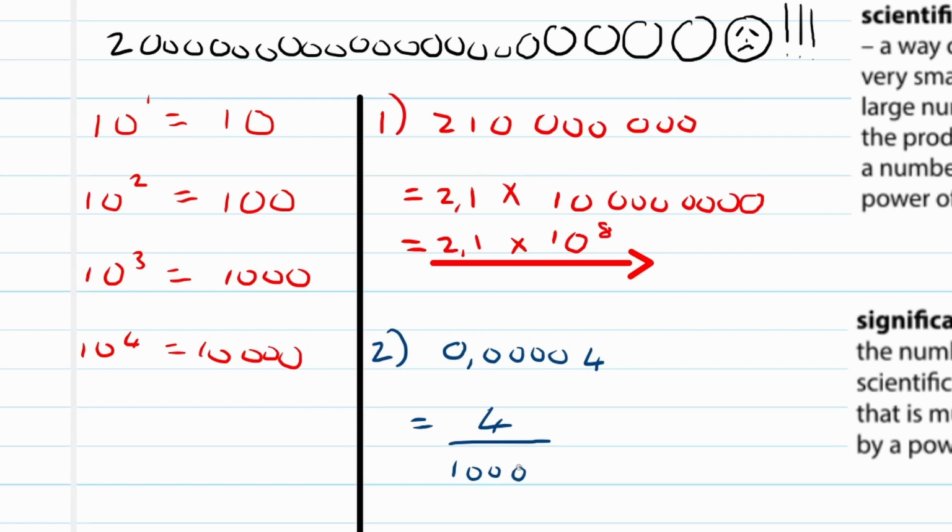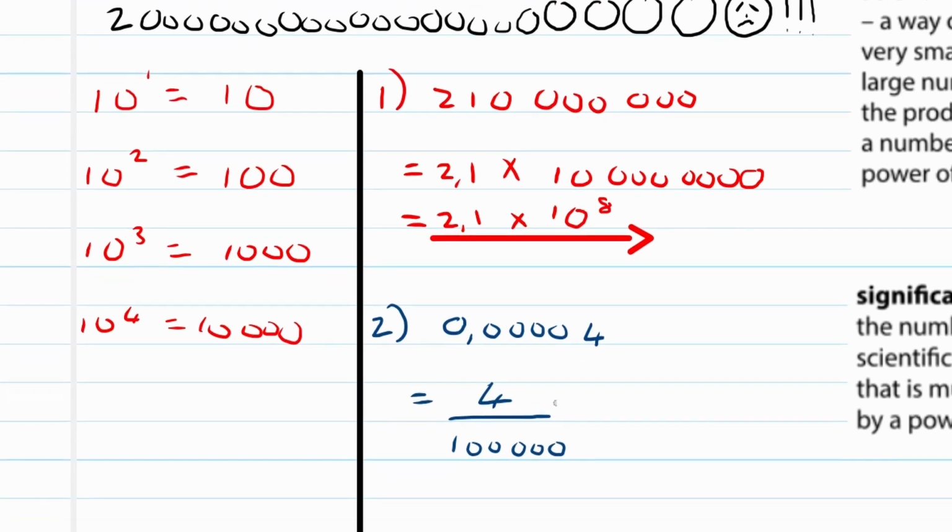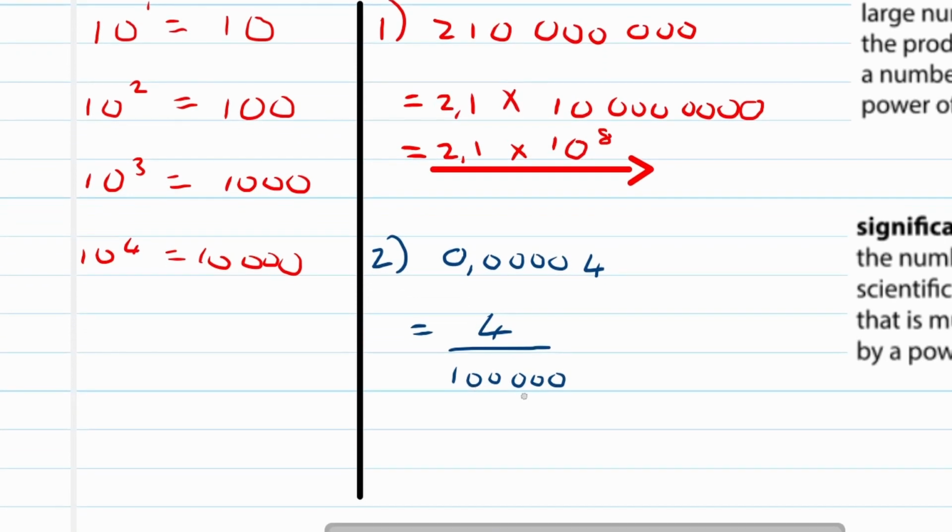That is 5 zeros, so that's 100,000. You can check it with your calculator if you want to, but this works out perfectly. So now 4 divided by 100,000 is 0.00004. We can also write this as 4 divided by 10 to the power, and now we need to check the amount of zeros. There's 5 zeros, so that's divided by 10 to the power of 5.